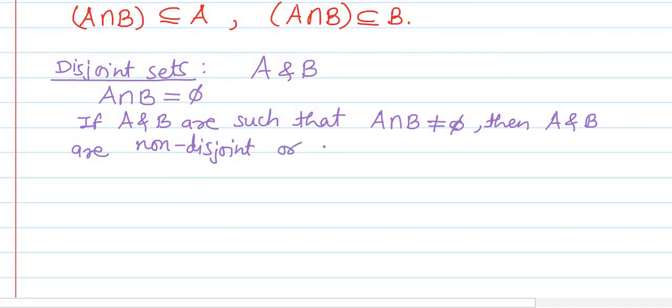Or we also say that A and B are overlapping sets, which means they have at least one point in common.